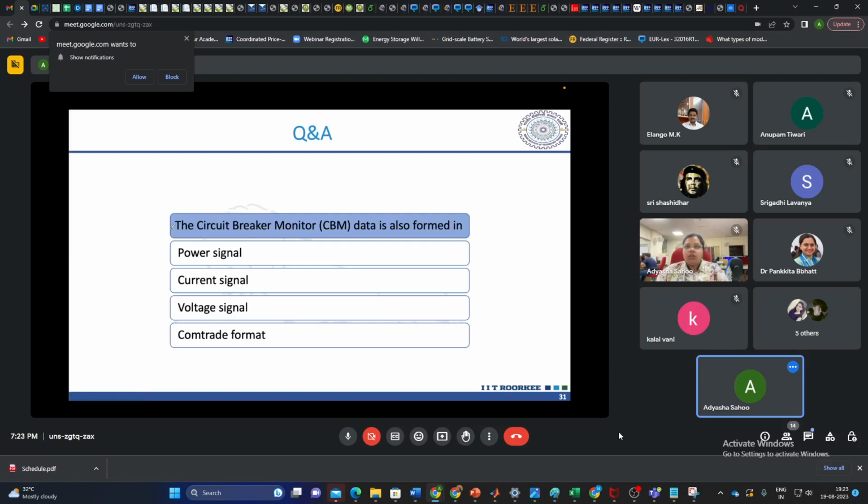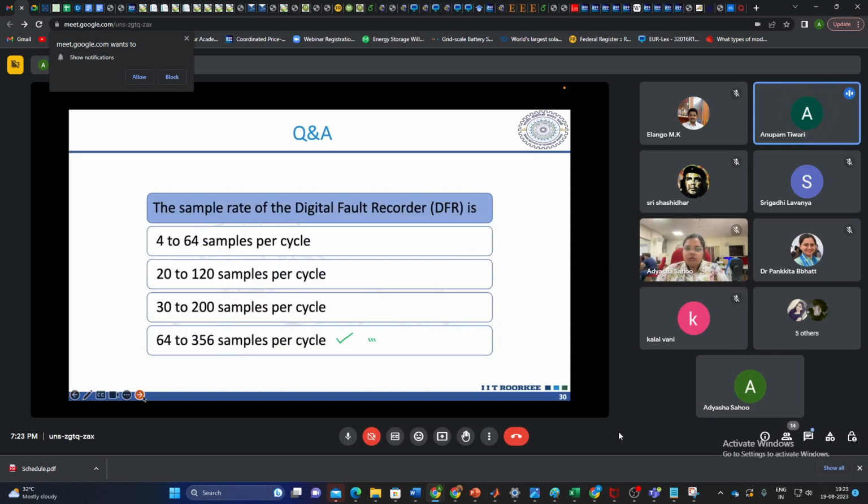Then the next thing we had was, in the instruments, can we have different settings also, like the operator can set, or is it all from 64 to 256? Can I set it at 100 samples per cycle? That is my question. The operator may not always be the owner of this instrument.